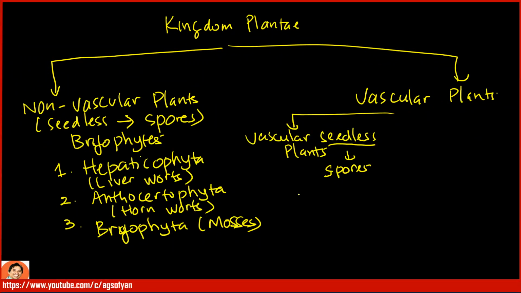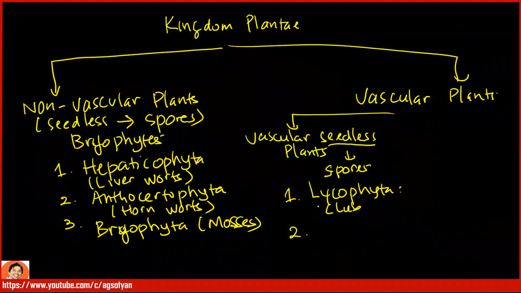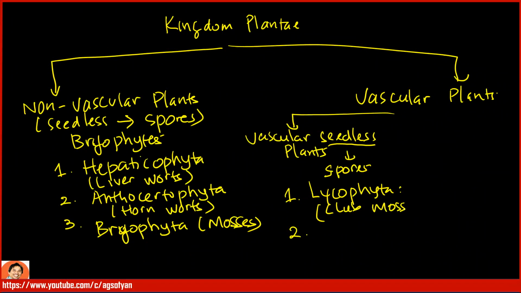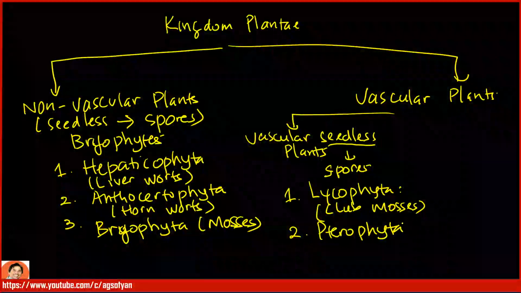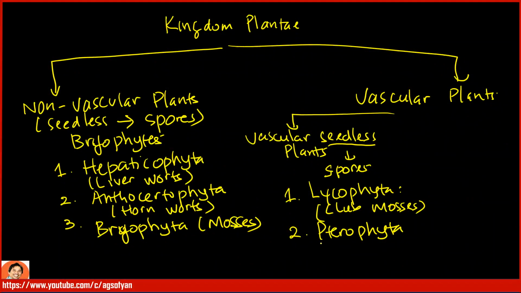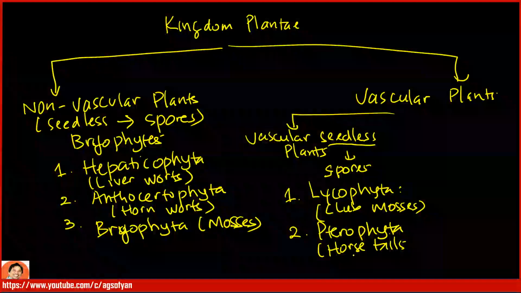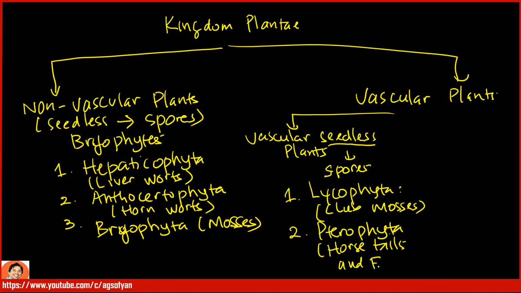This group is divided into two phyla: Lycophyta, or club mosses, and Pterophyta, which is also known as horsetails and ferns.